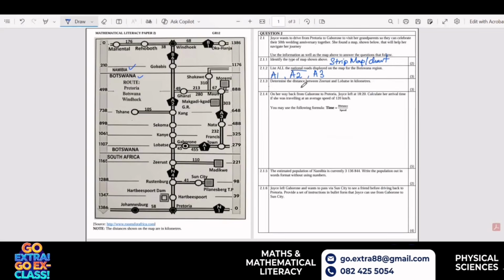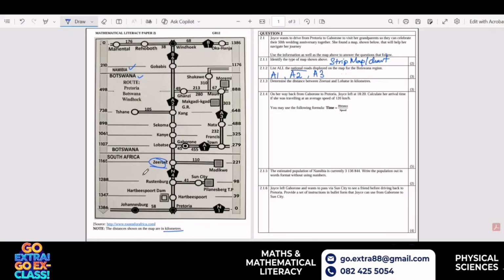But now let's move on to the next question here. It says determine the distance between Zeerust and Lobotswe in kilometers. On this map, if you check the distance here, it's already in kilometers, guys. But you need to look for Zeerust. So here is Zeerust, on this side.